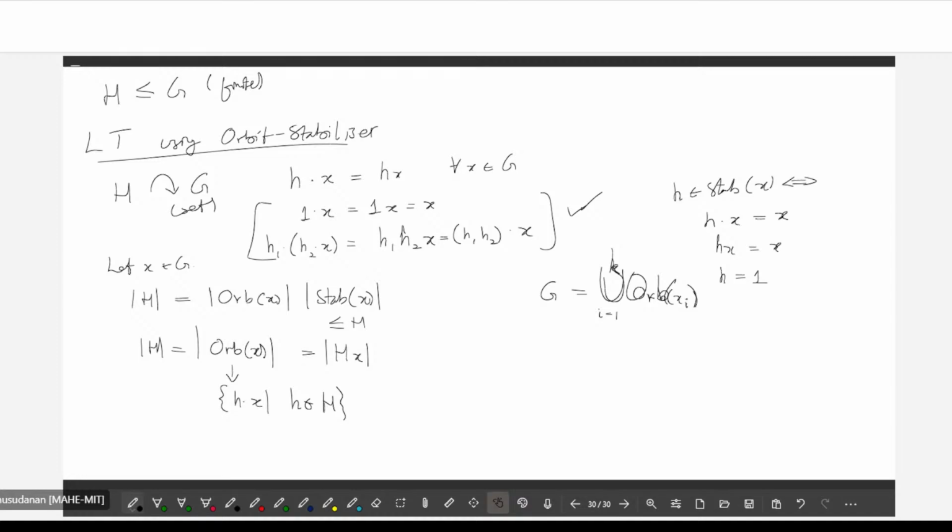Then G must be equal to the union, and because it's a partition, you can write this as the summation for i equals 1 to k of the orbit of xi, which according to this is the summation for i equals 1 to k of the order of H. So as usual, that part is not really different. The only thing is, if you already did group action, then you can get this immediately. You don't have to define cosets again and prove things again, because cosets are exactly the orbits of the action. Okay, that's all.